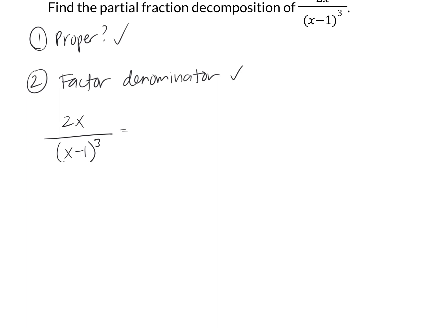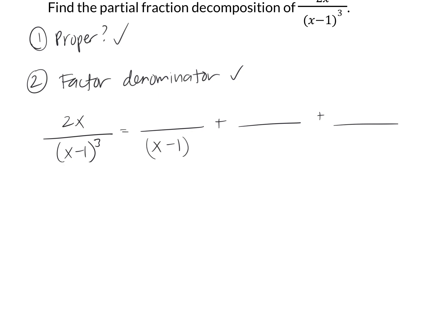So how many denominators or how many fractions do you think we're going to have? 3. Nice job. So I've got 3 fractions here. However, when it is a multiple of itself, this is kind of one of the special rules here, you are going to have the exponent of the denominator be the place in the fraction that it is.